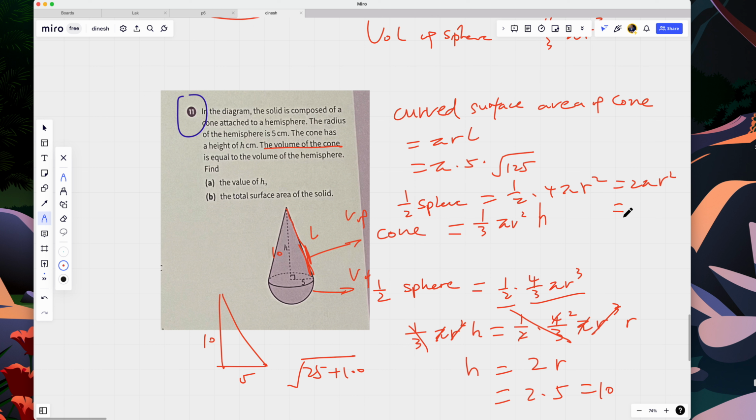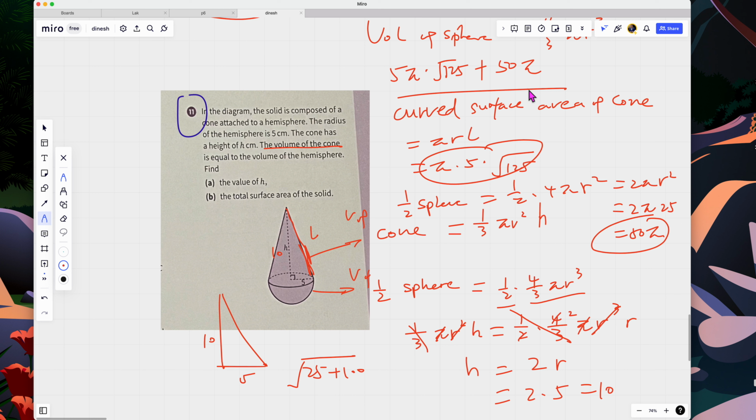No need, because it's inside. So it's 2 pi r square, in this case r square is 25, so you have 50 pi. Then you just add these two up. So it's 5 pi times square root 125 plus 50 pi. Now you use your calculator, and then you get the answer to 3 significant figures.